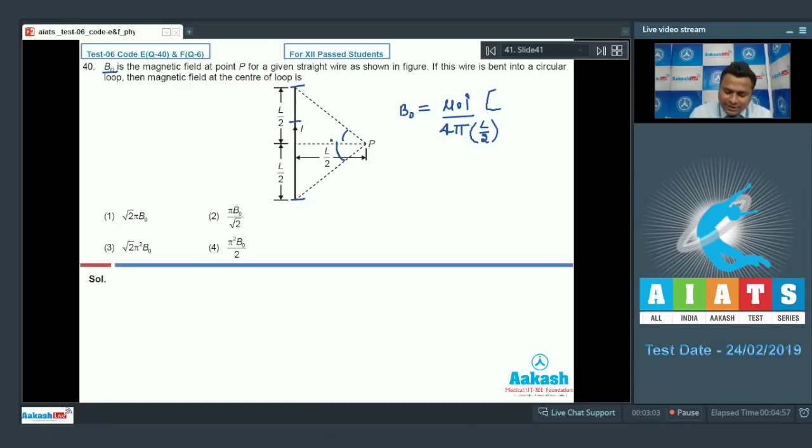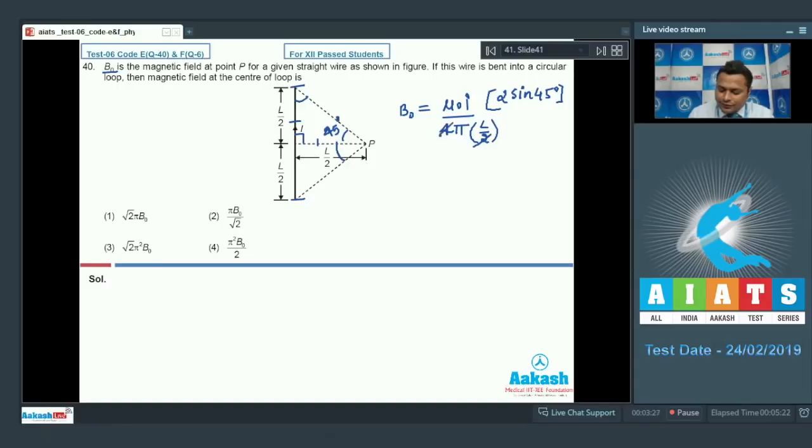Since this is L by 2, this is L by 2, this angle is 90 degrees, so these two angles must be equal. That is 45 degrees and 45 degrees. So theta 1 is 45, theta 2 is also 45. So ultimately we get 2 sine 45 degrees.